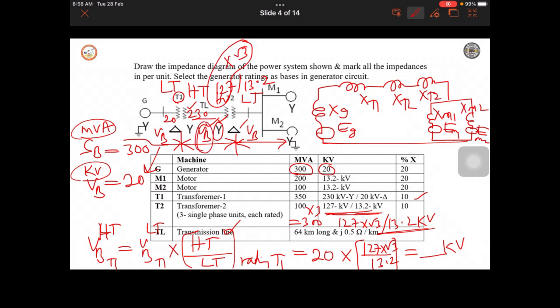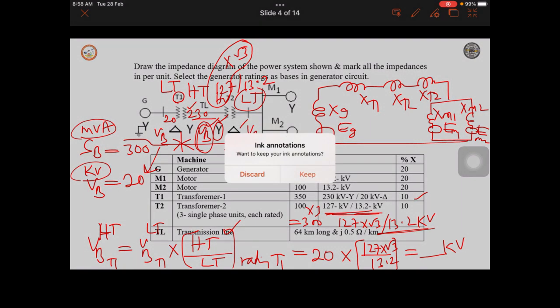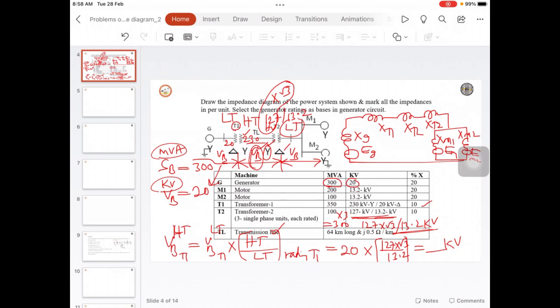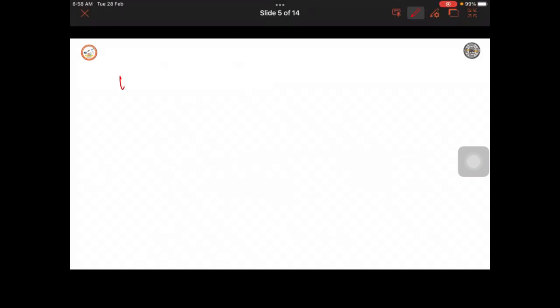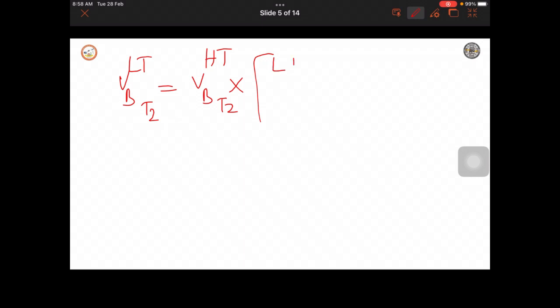Next, in the same lines we can write the base voltage on LT side of transformer 2, which can be found from the next slide. Here, the base voltage on LT side of transformer 2 is the base voltage on HT side of transformer 2 into LT side voltage rating divided by HT side voltage rating of transformer 2.